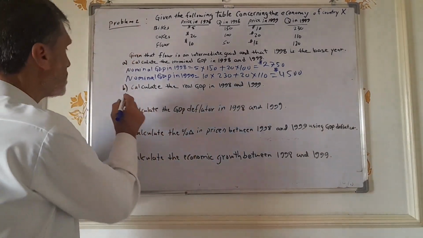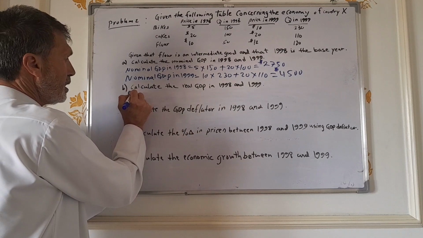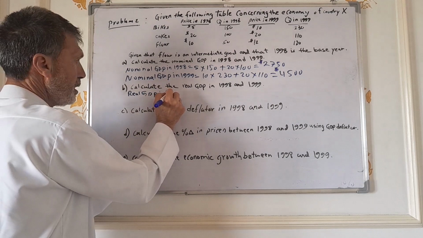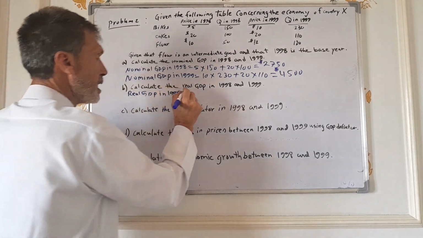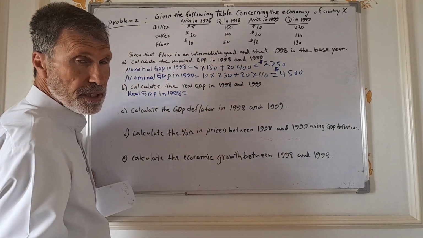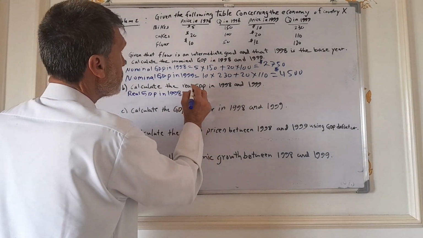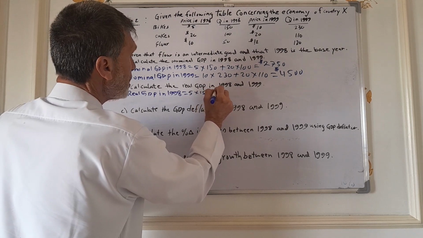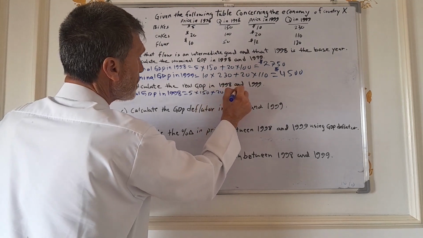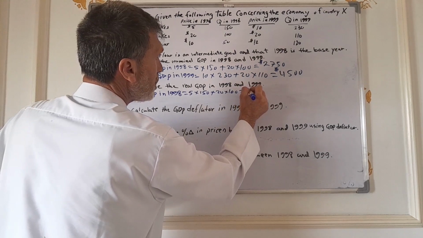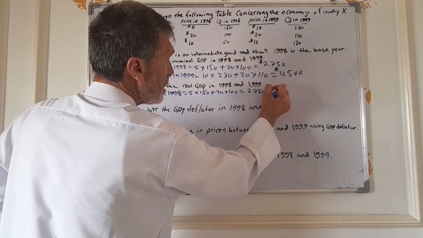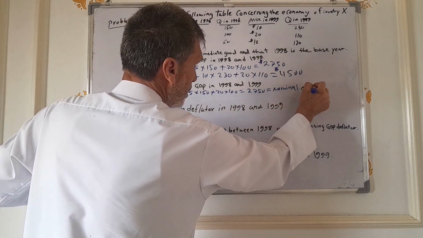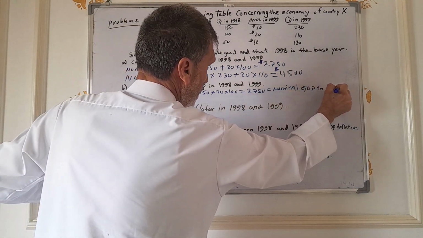So let's start here. Real GDP in 1998 is the same as the nominal GDP in 1998, which is equal, of course, to 5 times 150 plus 20 times 100. We come up with 2,750, which is the same as nominal GDP in 1998.